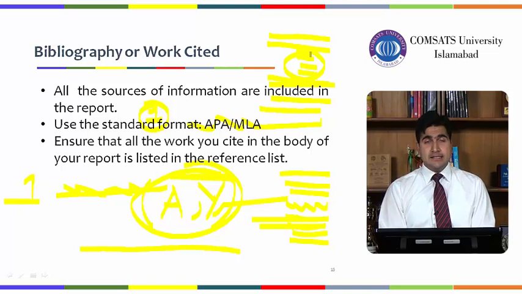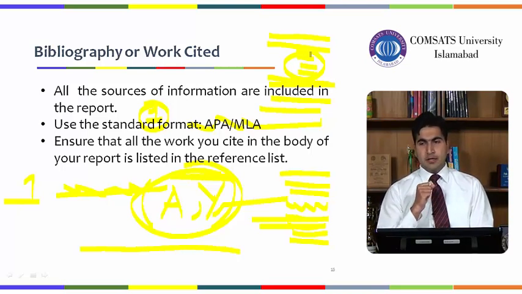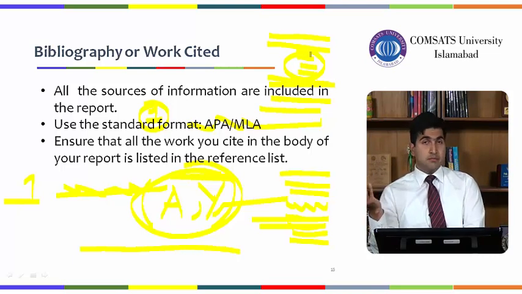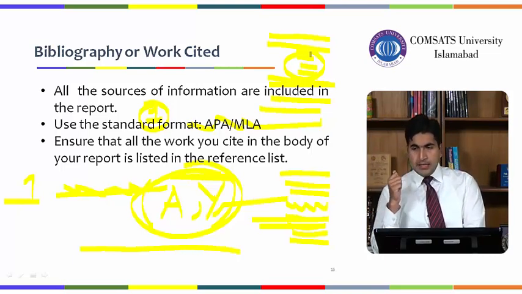Primary source is, my dear students, the one who is the actual researcher. Let's say before you and me, there is another individual. Let's say A is the actual researcher who has worked on something. He or she has reported it as well.